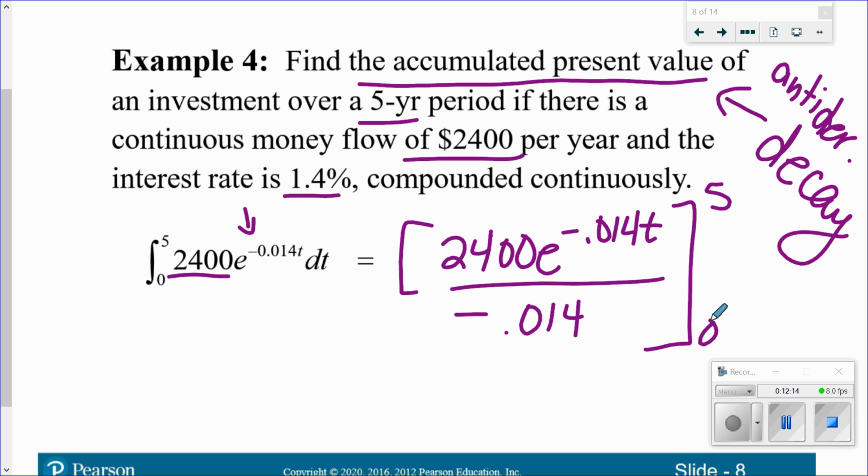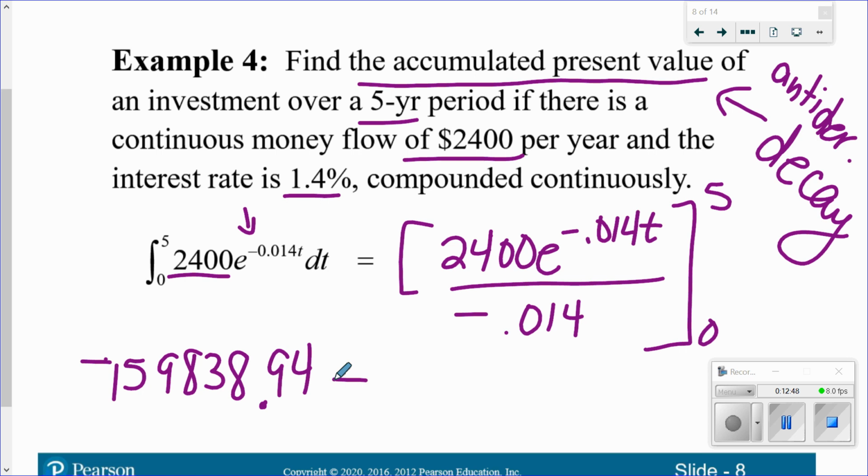Okay, and when we evaluate that at 5 years, we get negative 159,838.94.